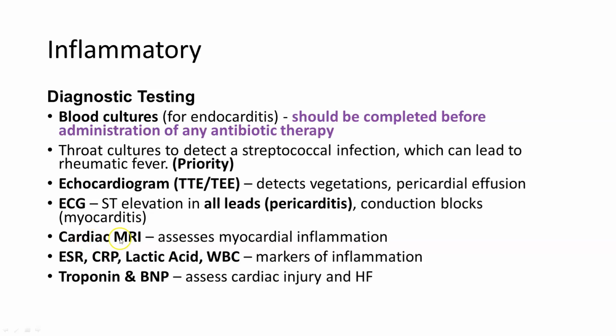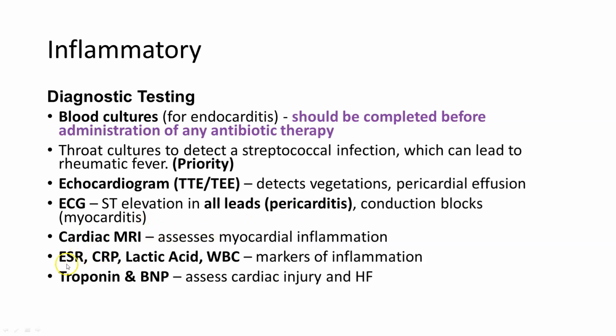We can do cardiac MRI or MRA. Don't see it done a whole lot unless we're thinking they're having other underlying issues that may be presenting or being covered up by the infectious disease process.